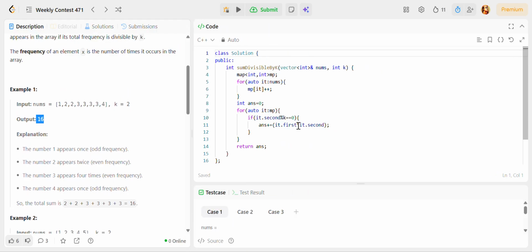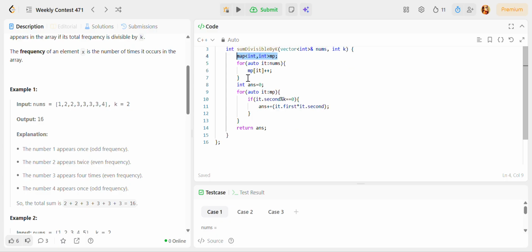It's an easy problem. So I have declared a map, then I have iterated through the nums and updated the map and stored the frequency of the numbers in nums, and initially I stored the answer as 0.